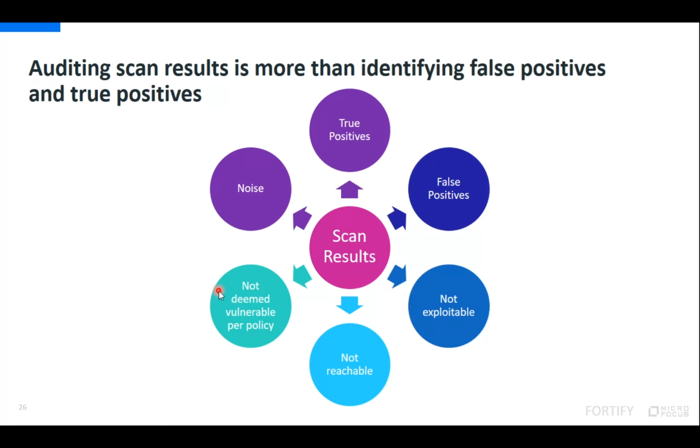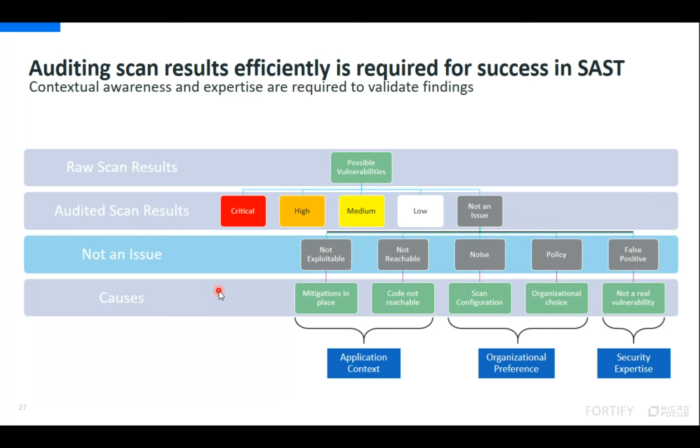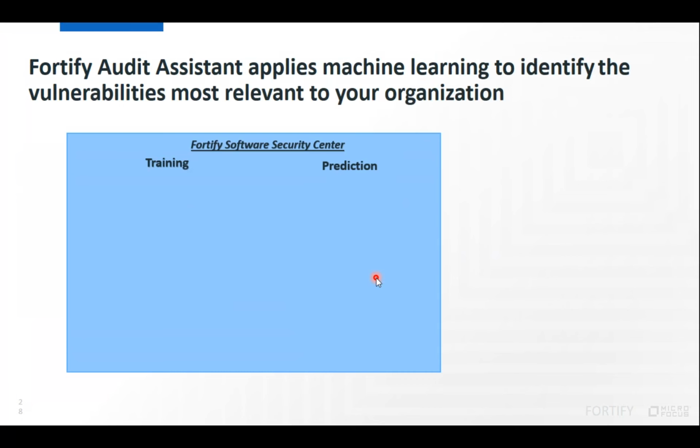Everything is highlighted, and Fortify classifies them based on criticality and severity, like critical, high, medium, low, not an issue. This is how it is classified, and for each of them there is an answer provided. There are notes provided which give you detailed information about the vulnerability.